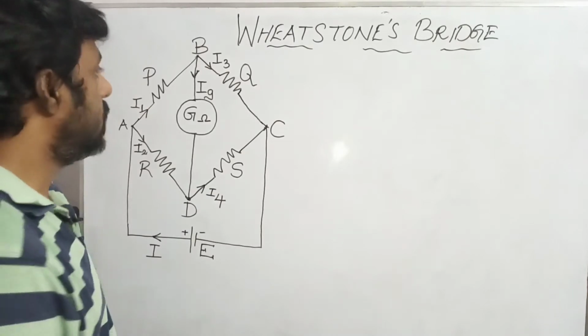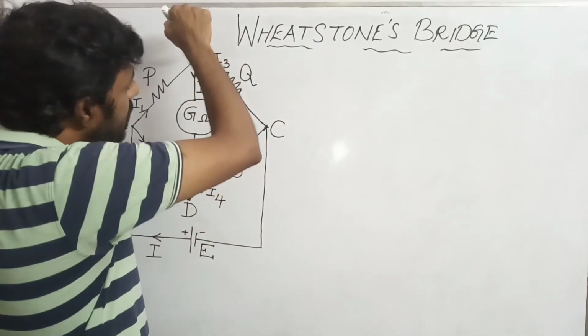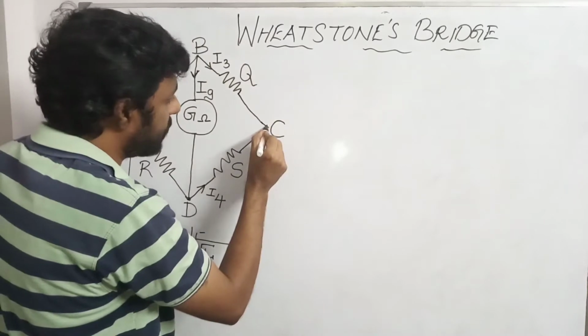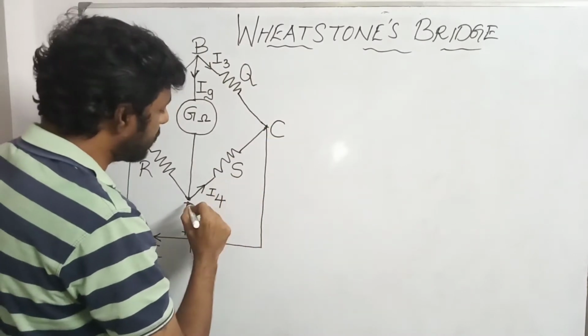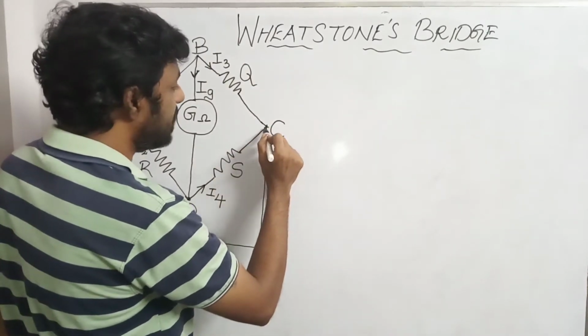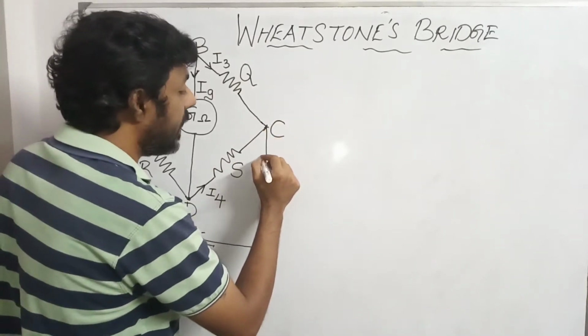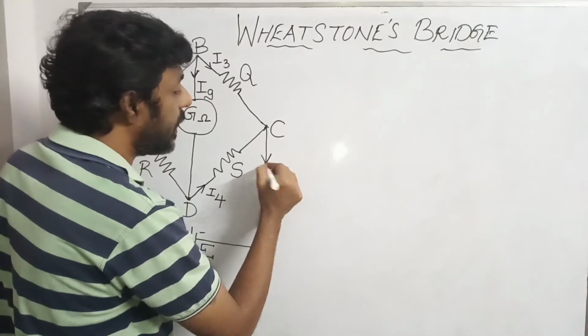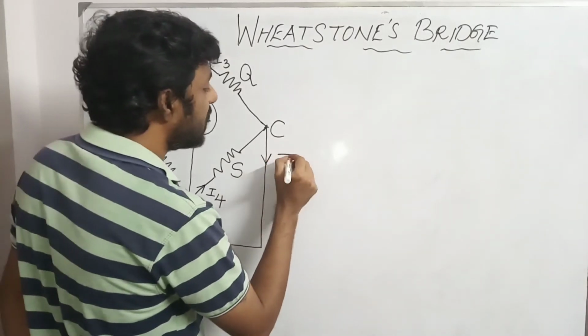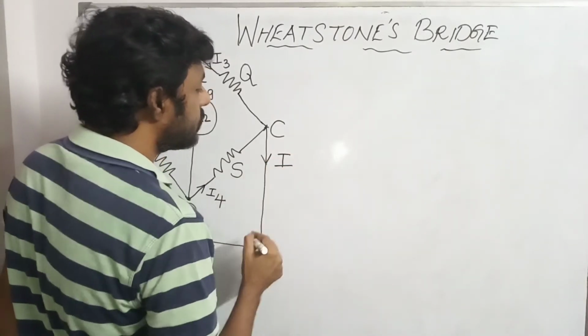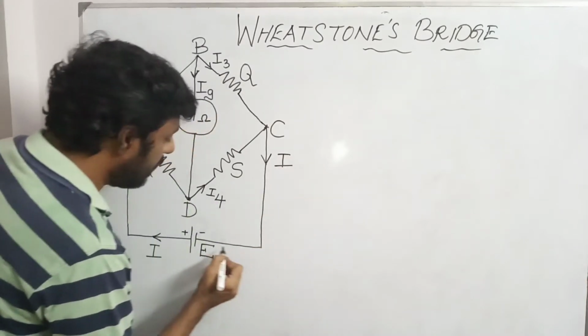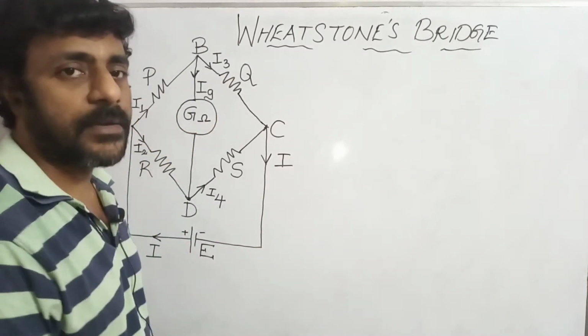You understand? So now here I3 current flows and it stops here. Similarly, I4 current will be traveling through the branch DC and it will stop here. Again, they will combine to form a resultant current called I, and this I current will reach the negative terminal of this battery.